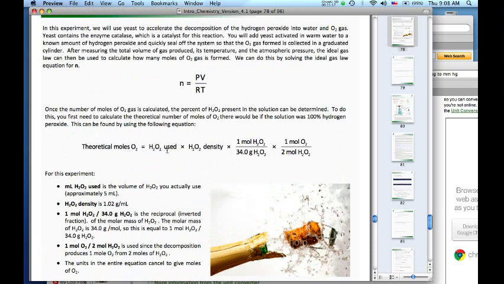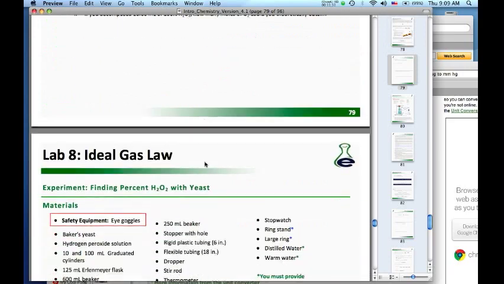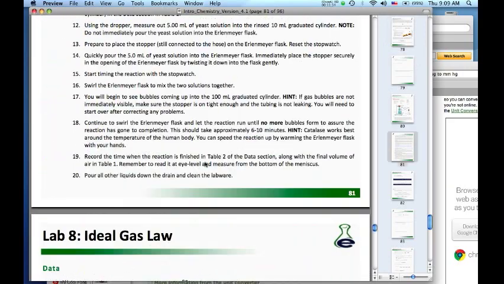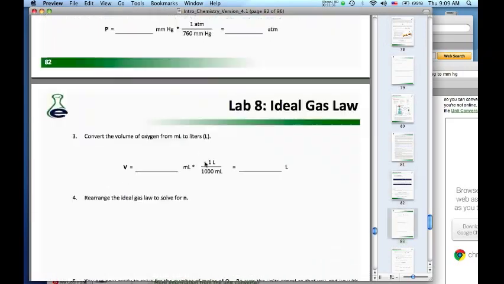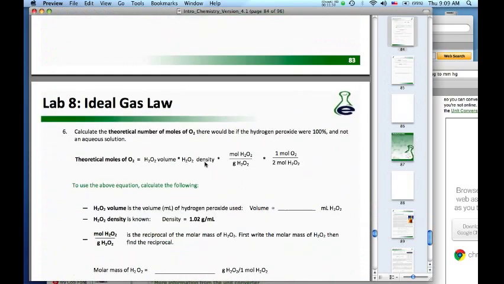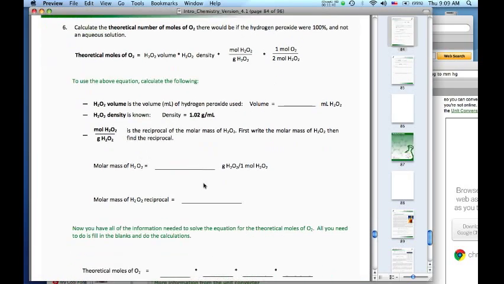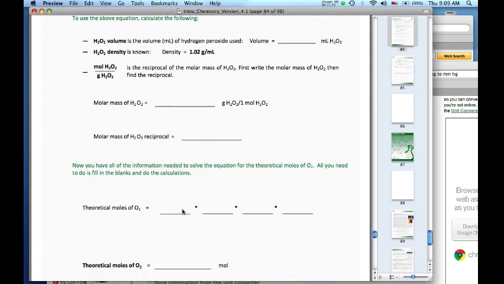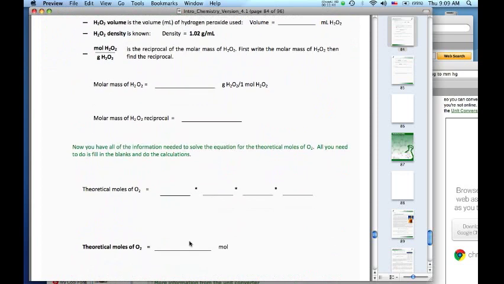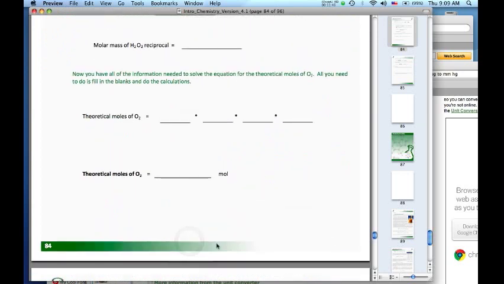So here, use the amount of H2O2 used, which is around 5 milliliters, and the density, which is 1.02, divided by 34, and times a half. That's the theoretical moles. That gives you this answer right there.